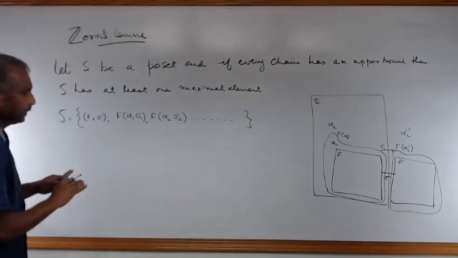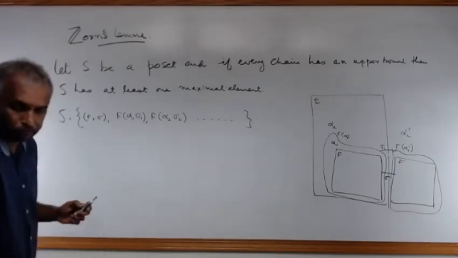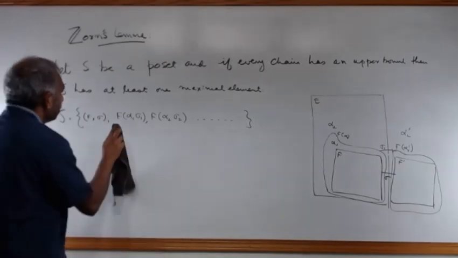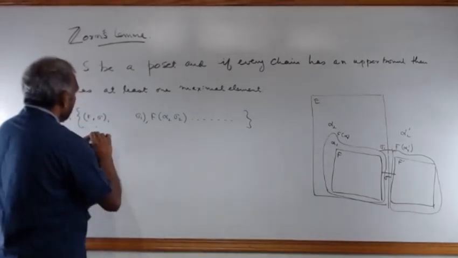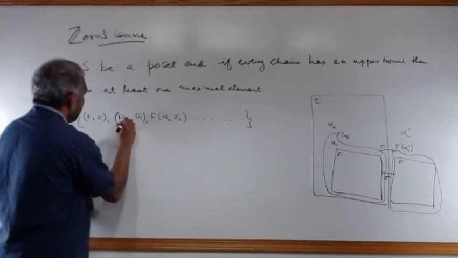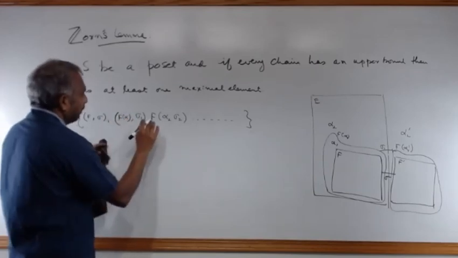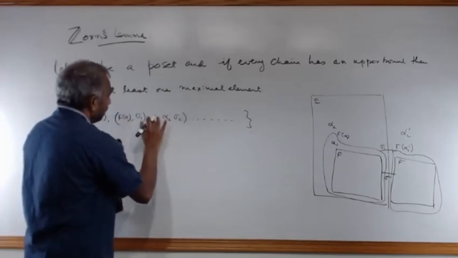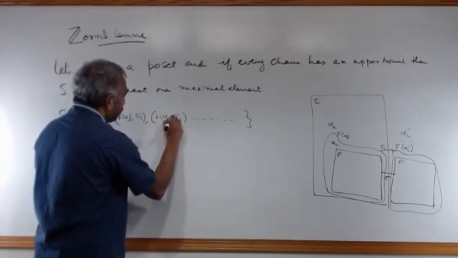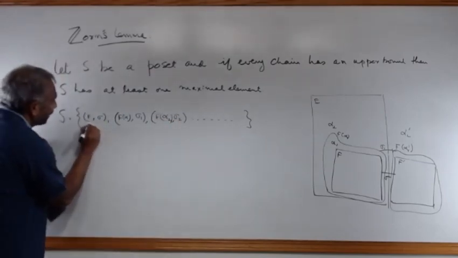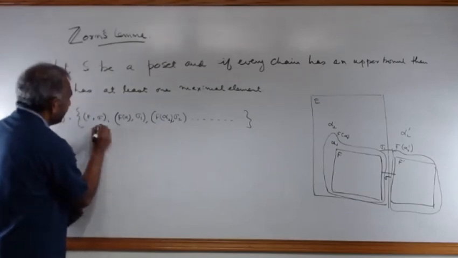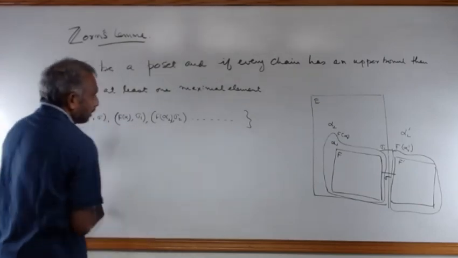Sorry, this is going to be (F(alpha), sigma 1). Then this will be (F(alpha 2), sigma 2). The first element of the ordered pair is a field. The second element is an isomorphism.